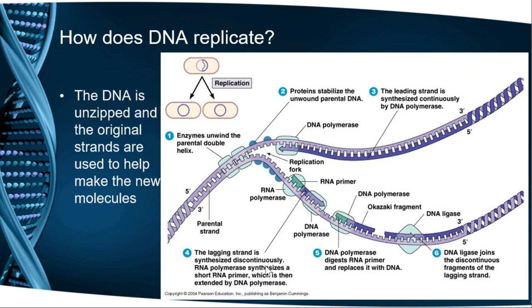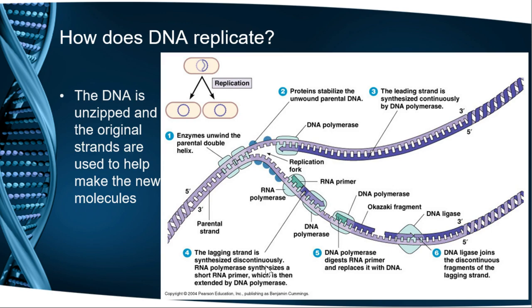How do we replicate? Well, first of all, it's in that double strand, that spiral, right? That double helix. The first thing that we have to do is unwind it and unzip it. So enzymes, which we're not going to name the specific enzymes, but this is where you have enzymes like helicases and topoisomerases.